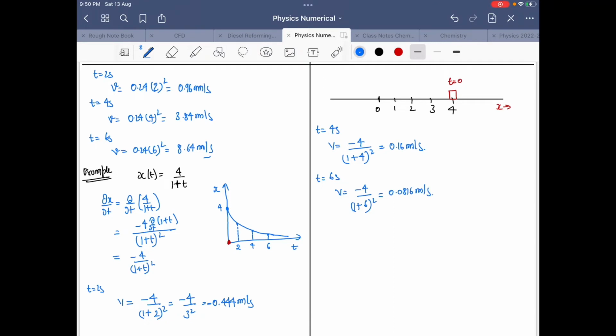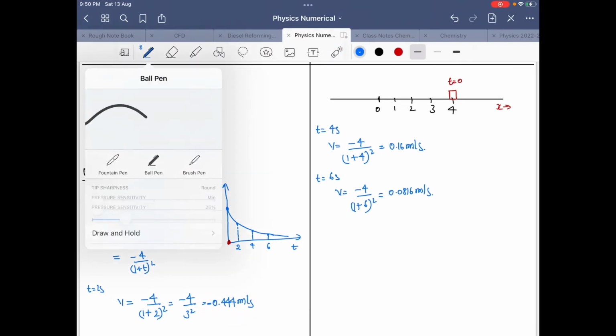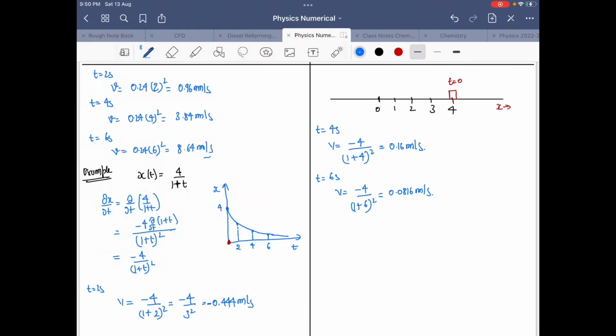And you will notice from here, as we progress in time, all these velocities are negative, and the velocity magnitude is reducing, meaning the object is trying to come to rest. I hope this is clear to you.